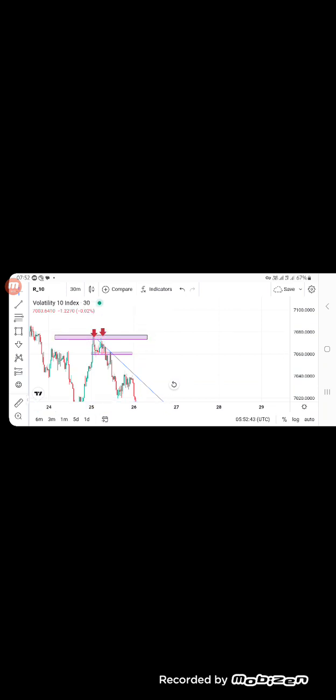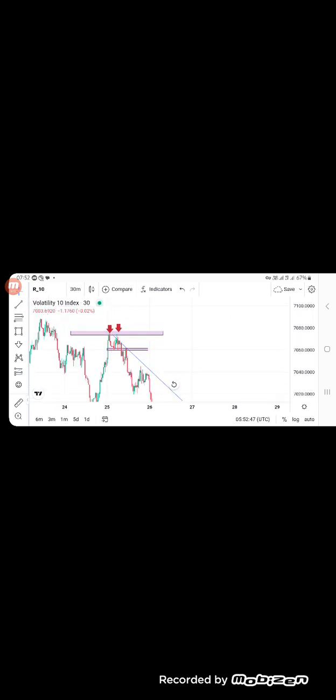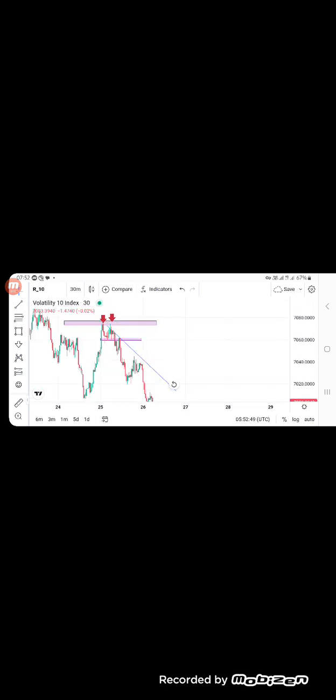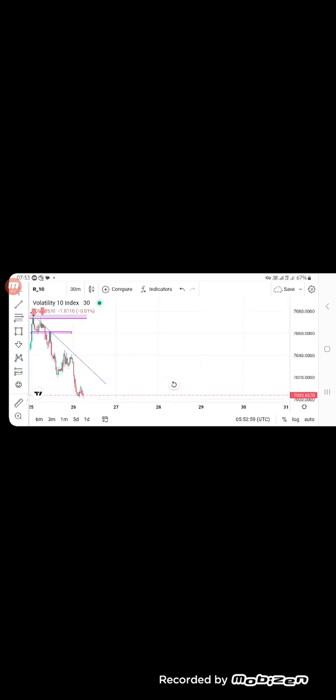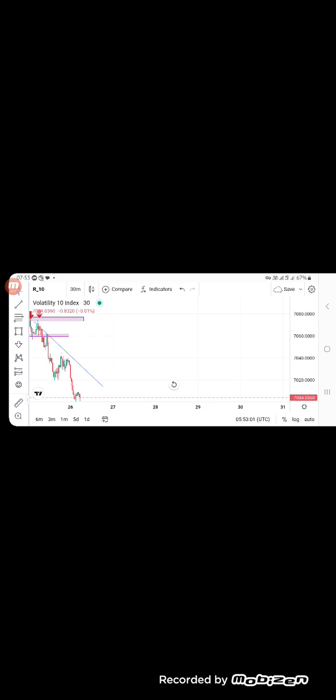There you go. So we're going low now. So if you're going low, guys, what are the rules? If you're going low, we take our sells around the lower low, or around the areas where we see lower lows, right? So if you're going low, we broke out that part and then we retested it.